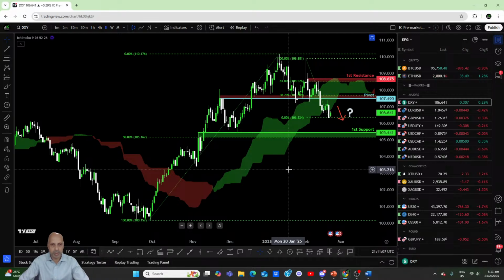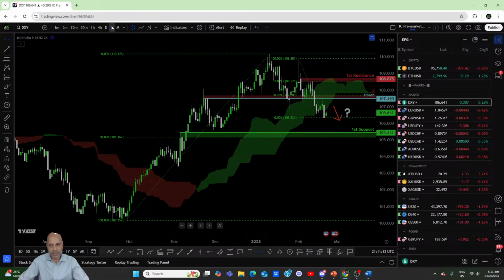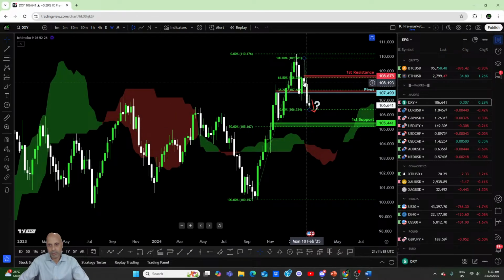Starting with the dollar index, we're on the daily time frame here, and we quickly switch over to the weekly time frame. We can see demand for the dollar has significantly waned since mid-January, after hitting a high of 110.17. The dollar index has tumbled significantly lower.